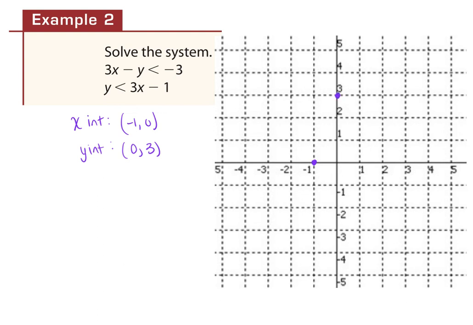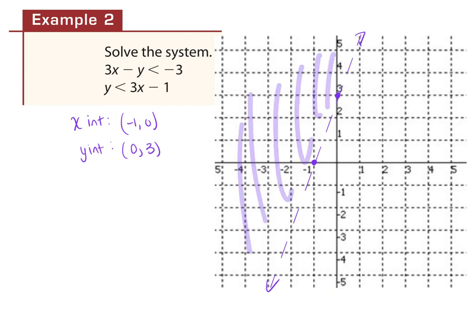And then if I were to graph this, I am going to have a dashed line. Am I going to go above or below this one? It says less than, but what am I going to do here? It's going to flip it, right? Because of that negative in front of the y. So it's going to be everything shaded above it. So it's going to be this part right here.